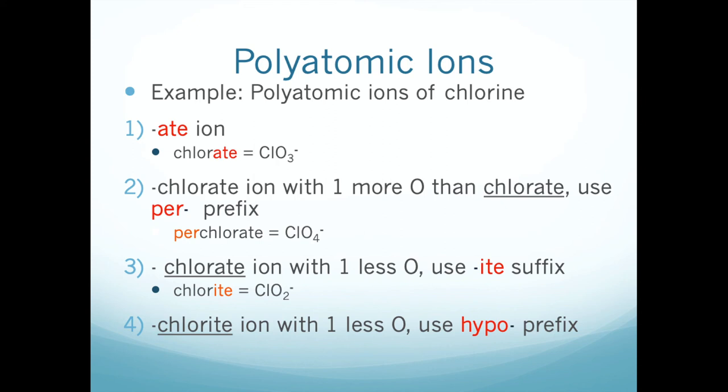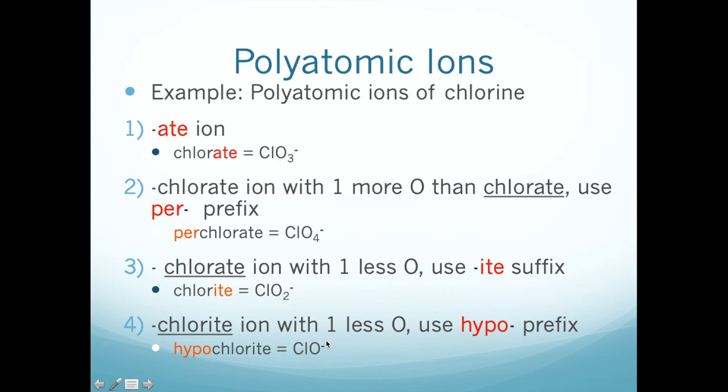Now, you could then drop an extra oxygen, and you would get the corresponding hypochlorite. So if you drop another oxygen from that chlorite ion, you wind up with the hypochlorite version. So instead of having 2 oxygens, we have just 1 oxygen here, but still that -1 charge.